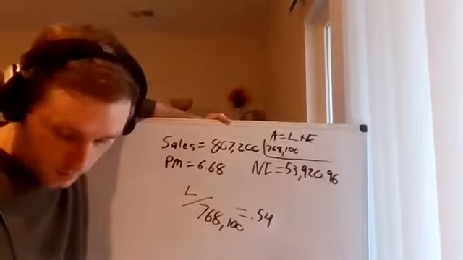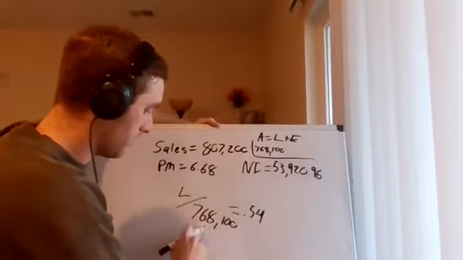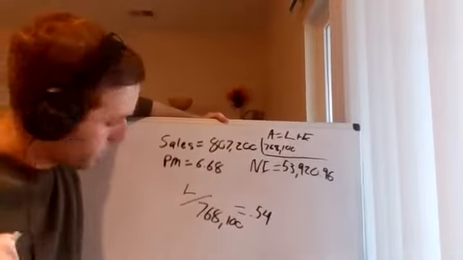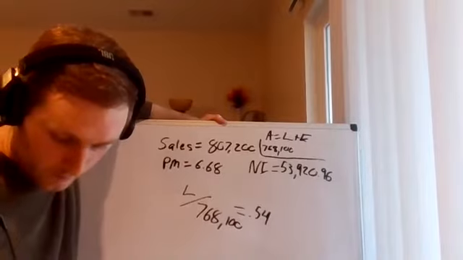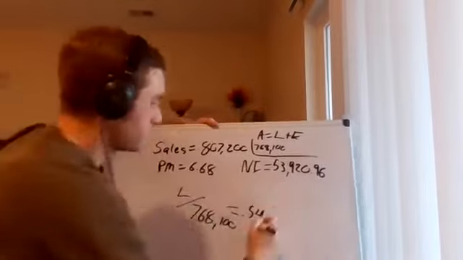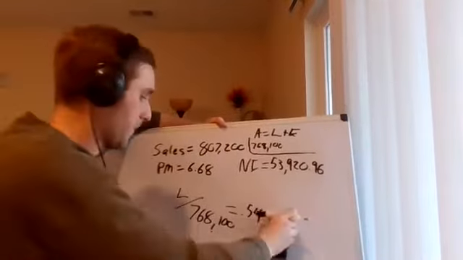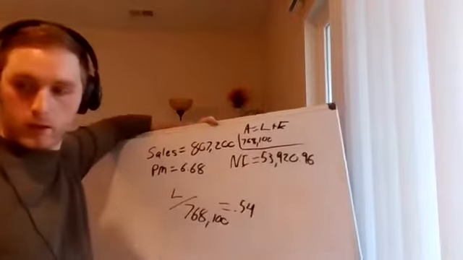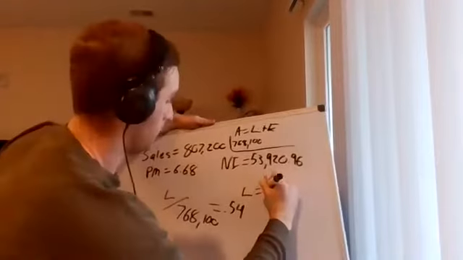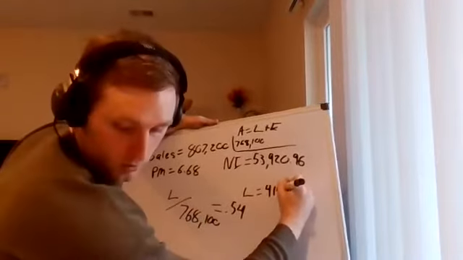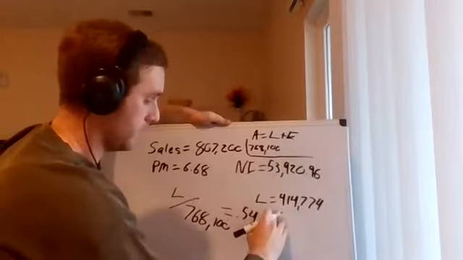So in order to get this by itself, since we're dividing by this number, we have to multiply both sides by 768,100. So we have 768,100 times 0.54, and when we do that, we get L equals 414,774. This is our liability.